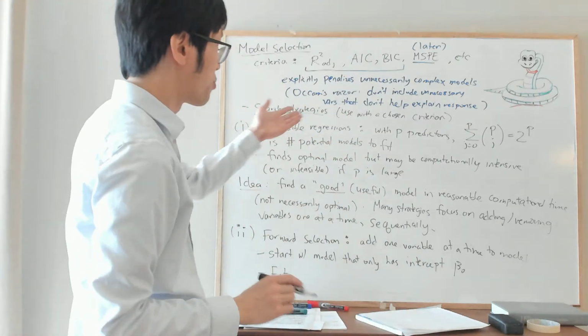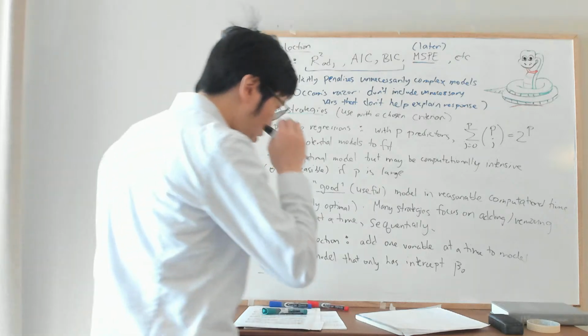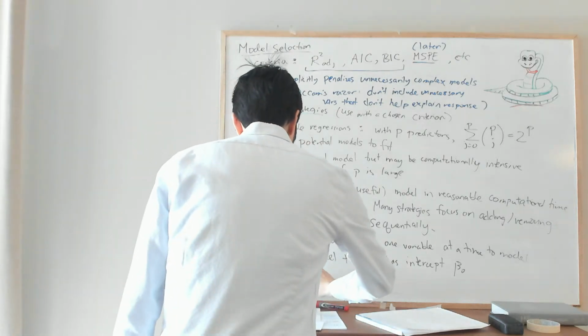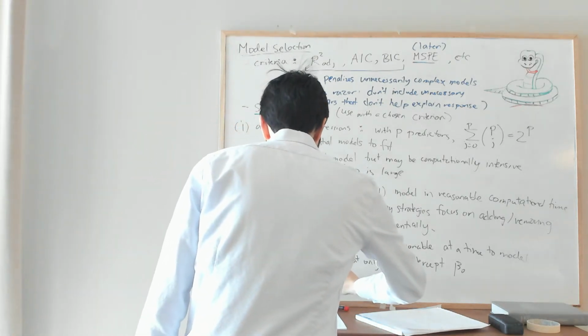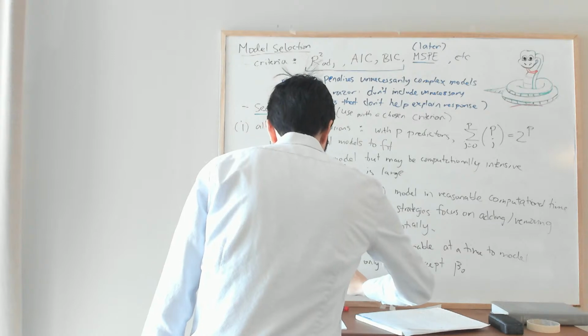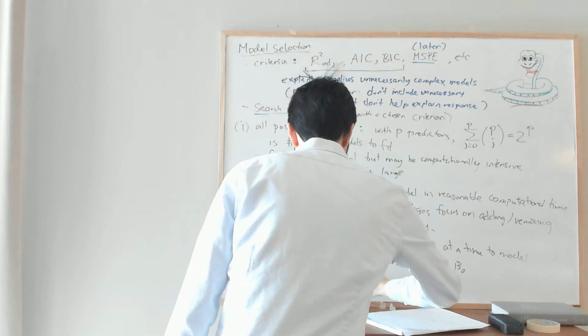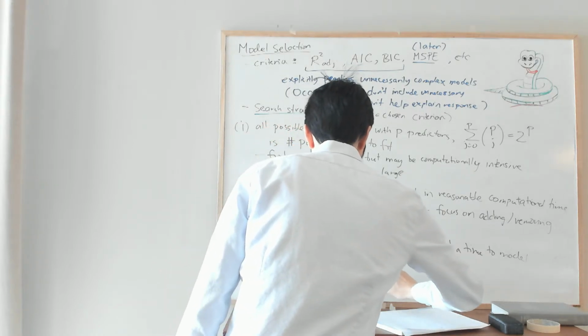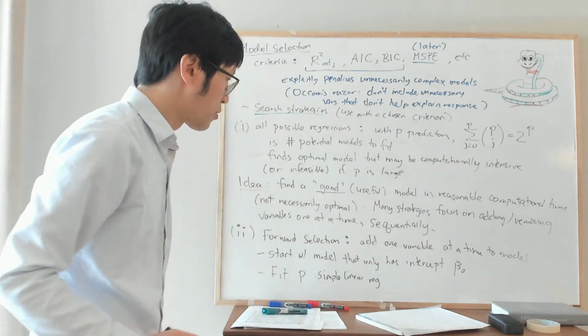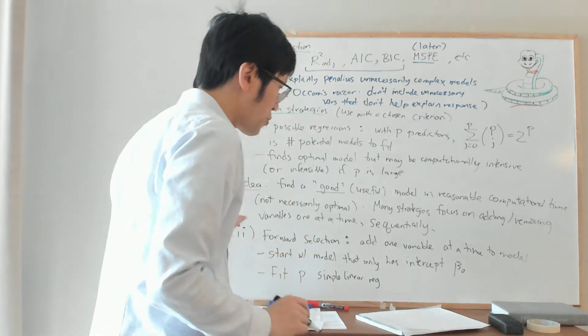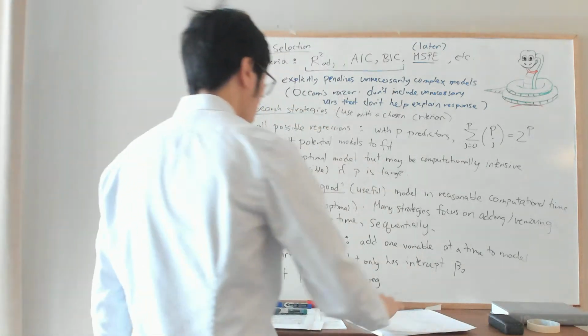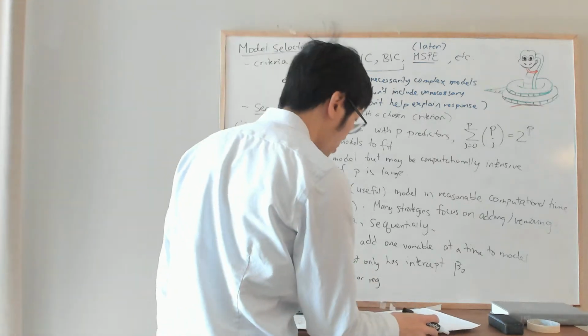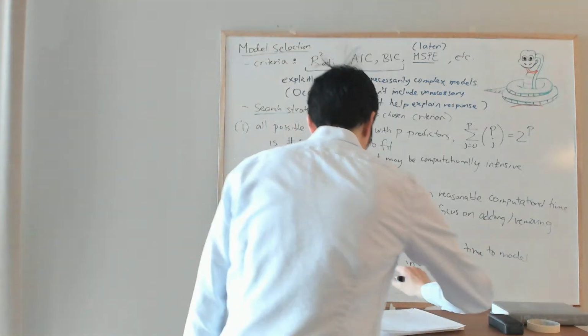Assuming p is the number of predictors, we're going to fit p simple linear regression models, each of which will have one predictor.